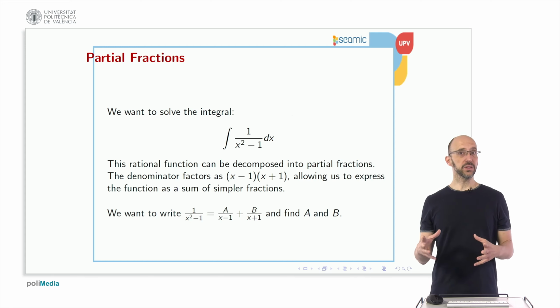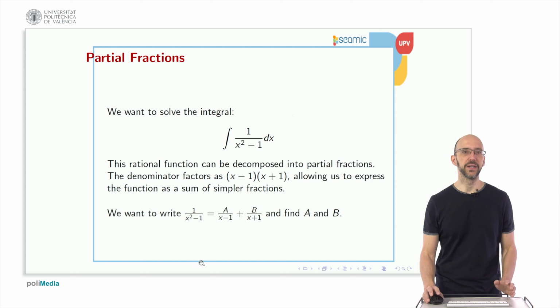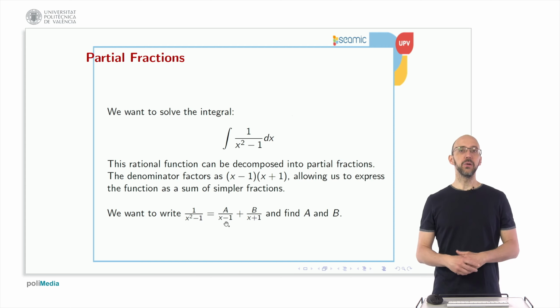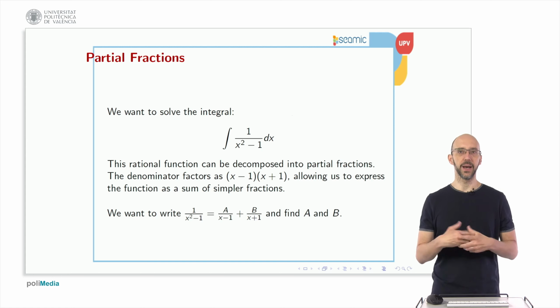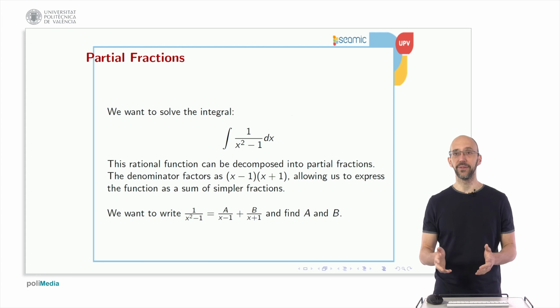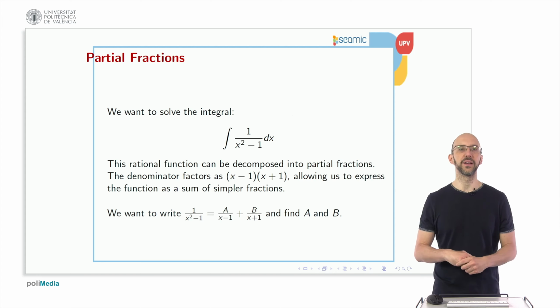My question now is, do you remember what the integral of 1 over x minus 1 is? If you tell me, oh, that's very easy, it's the logarithm of the absolute value of x minus 1, perfect.